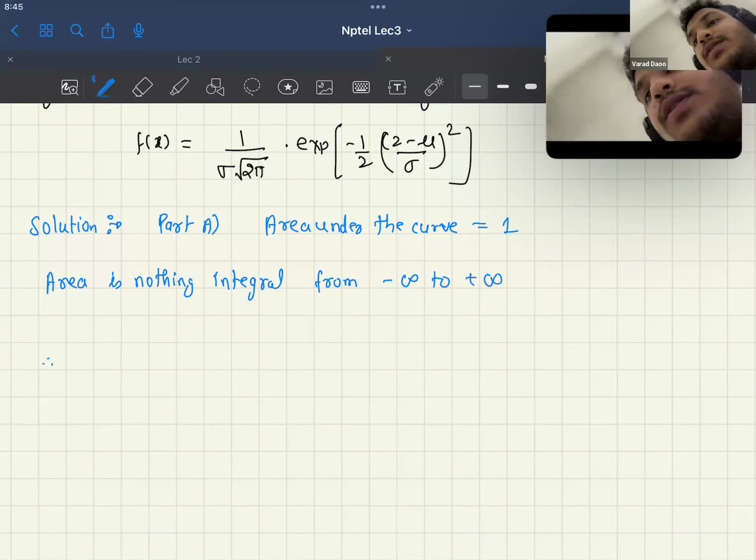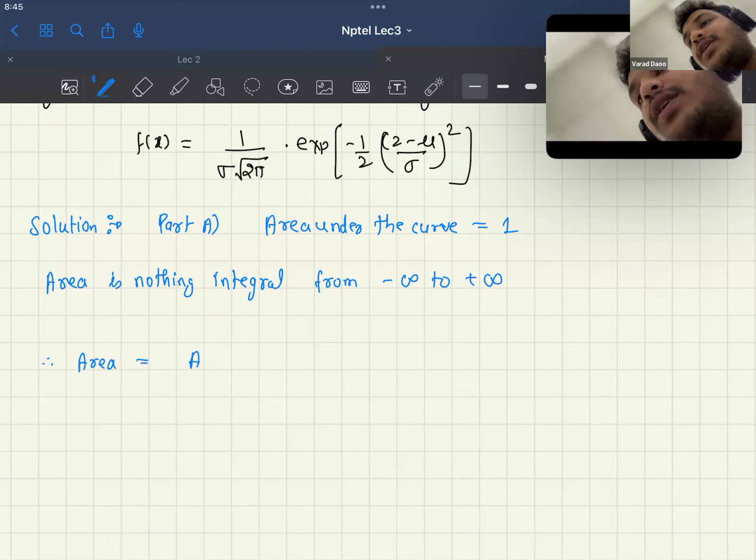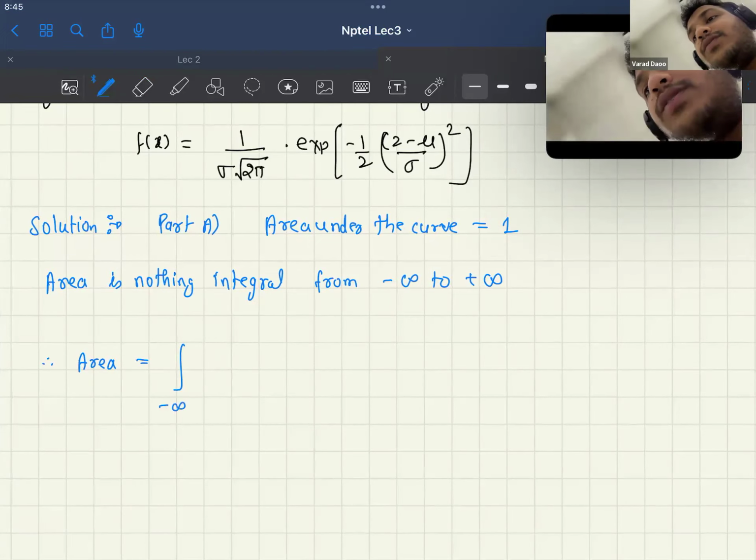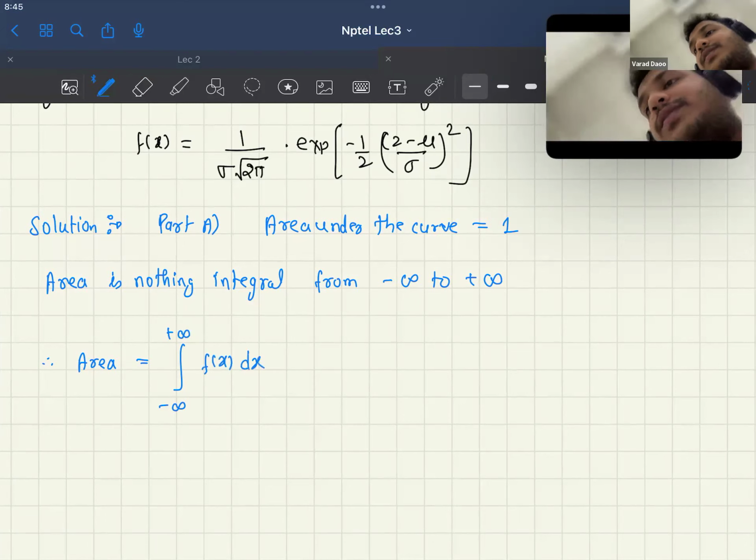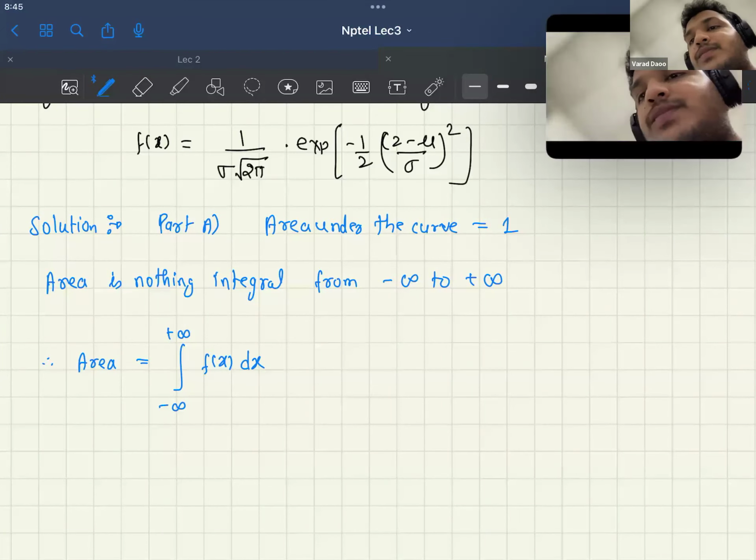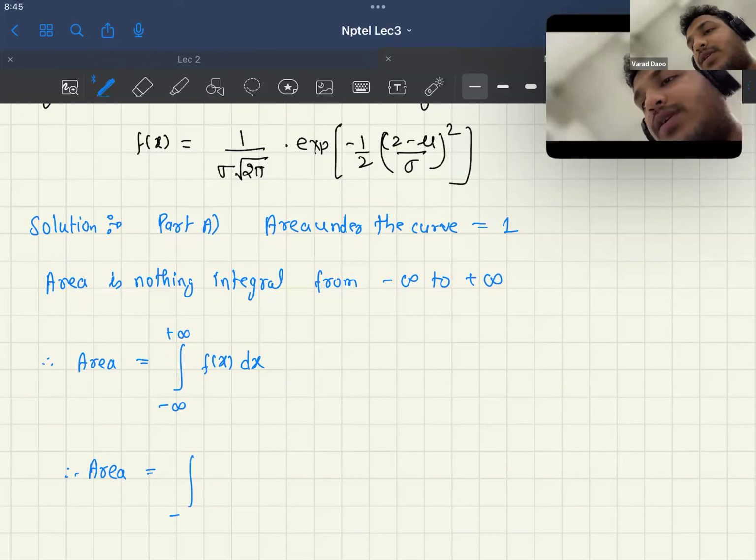Let us denote area as A. Area is the integral from minus infinity to plus infinity of f of x dx.